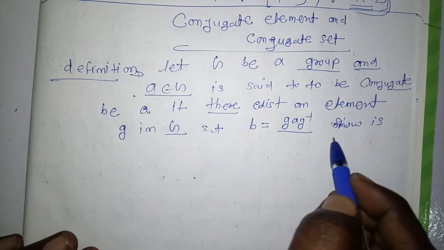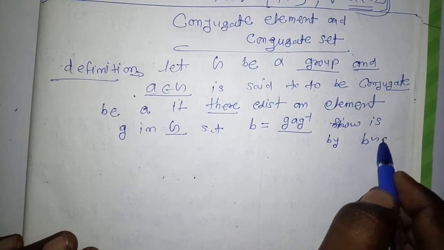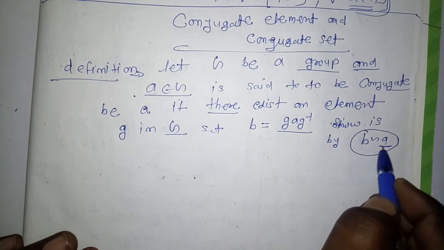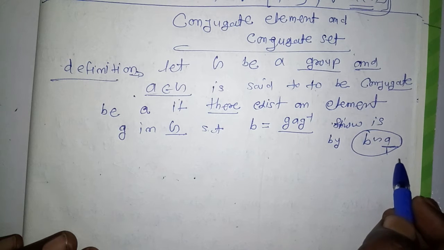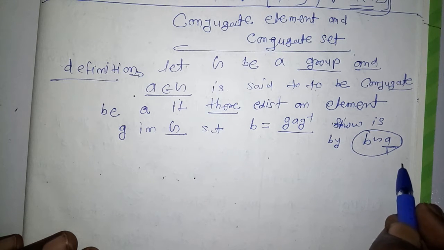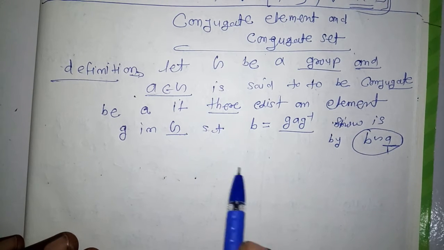And it is represented by B ~ A. Okay students, now I can say that A is a conjugate element. So what is the conjugate element of conjugate set?